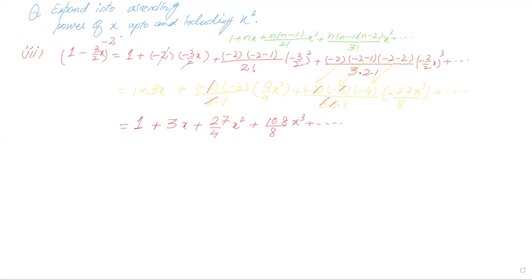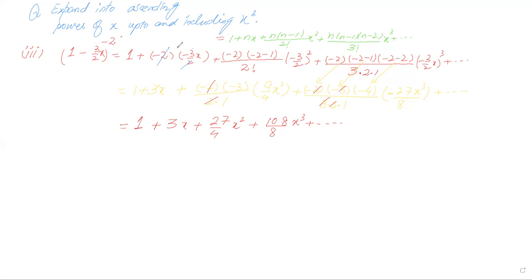Now the case number 1. As I said, there are two conditions to apply this binomial result. What are the conditions? The first term within the whole power must be 1. The second condition is that the raised to power must be negative or a fraction or both.